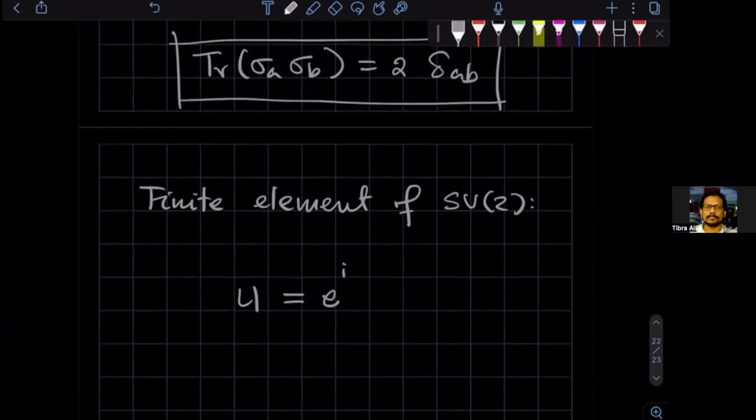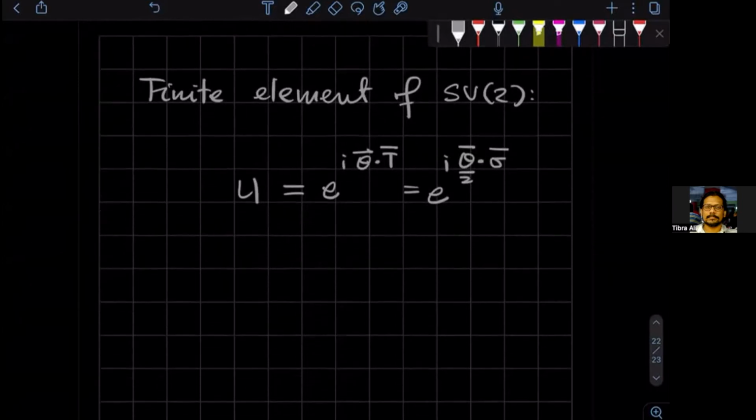It has 3 parameters, θ vector, dot T, T being the set of generators, right? And we saw that we can express this as θ divided by 2 dot σ.